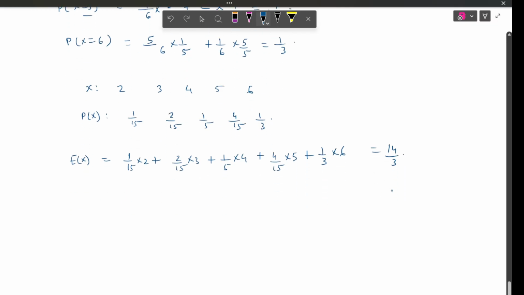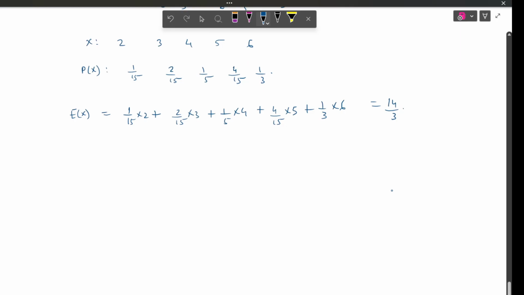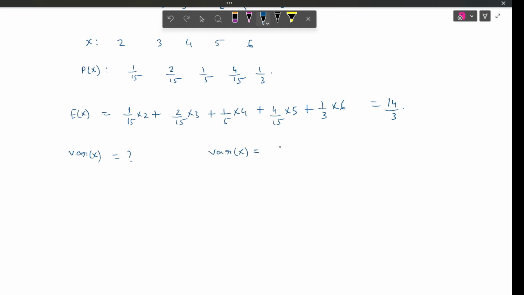Okay. Now I am giving you homework: you have to find the variance of x. See, you have to apply this formula. Variance of x is expectation of x square minus expectation of x whole square.